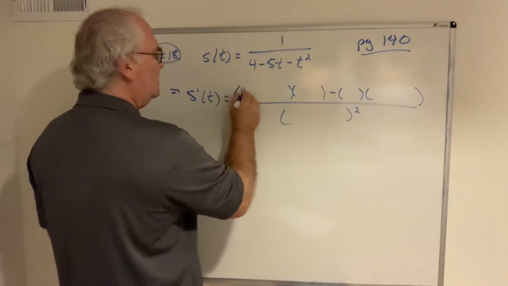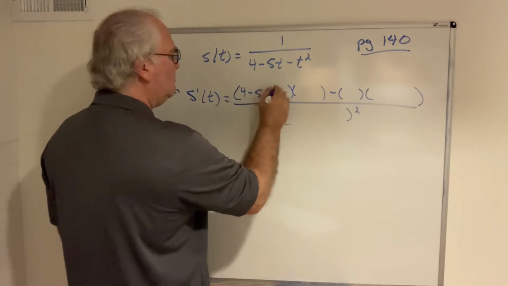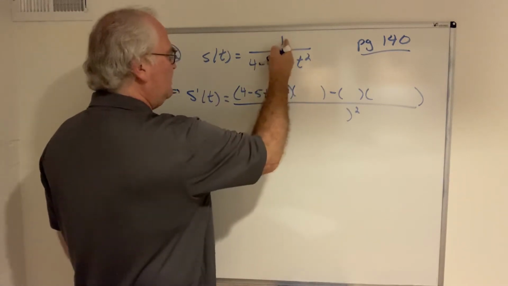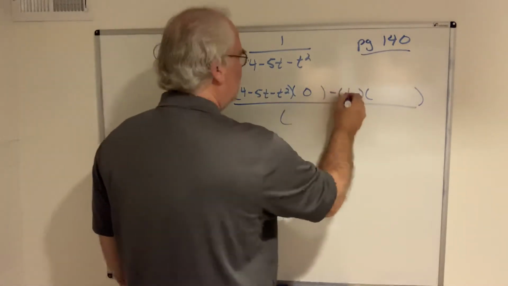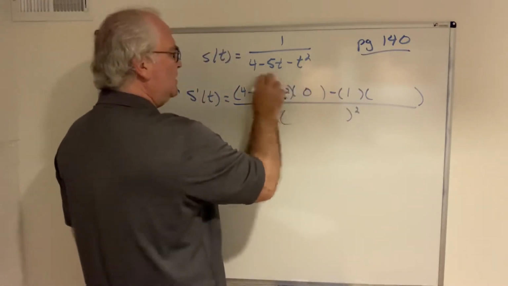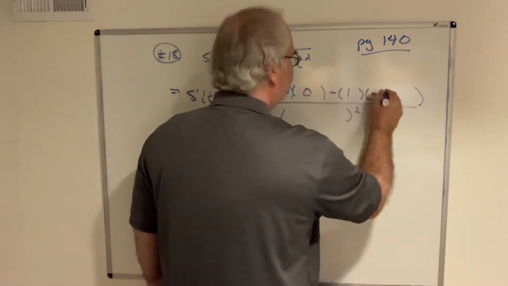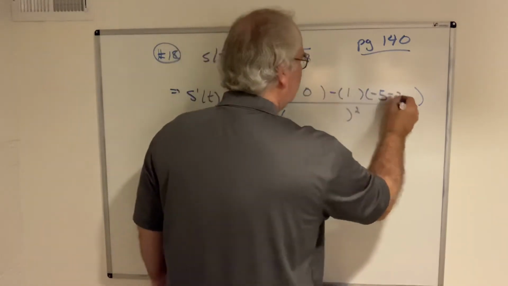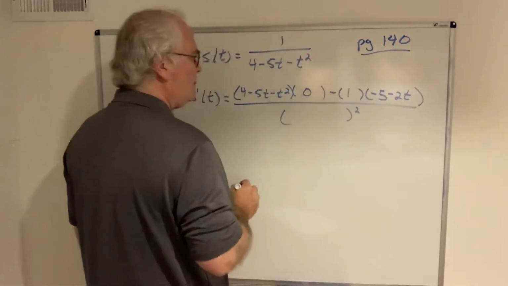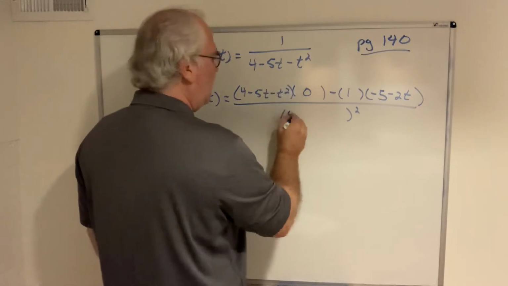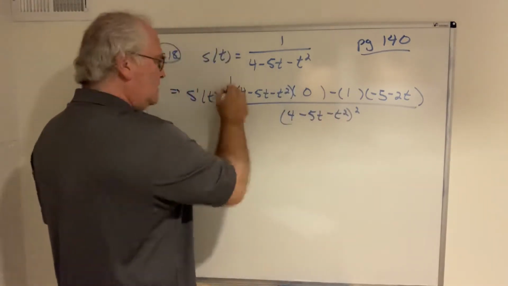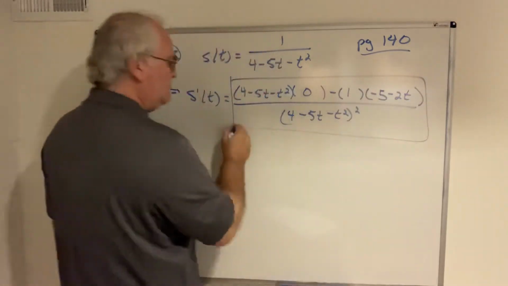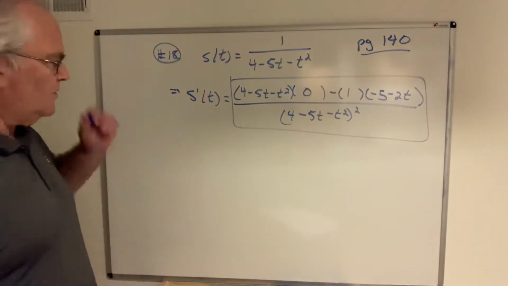So it's denominator times derivative of the numerator, derivative of a constant is 0, minus numerator times derivative of the denominator, that's negative 5 minus 2t, all over denominator squared. And if you like, you may simply leave it like that, and that's wonderful.